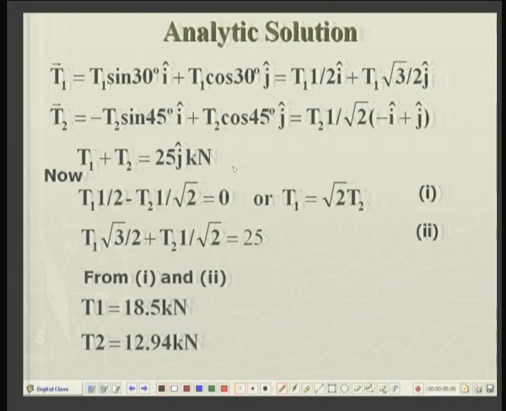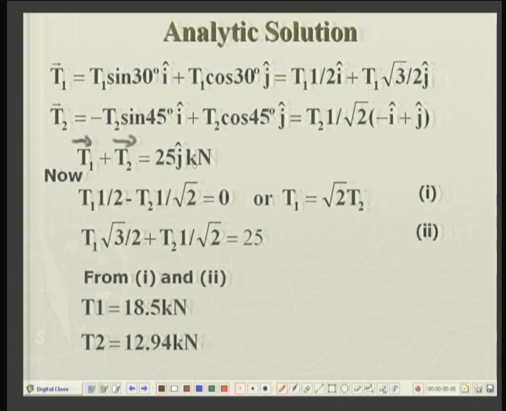So, minus T2 sine 45 degrees i minus T2 cosine 45 degrees. These are the two component representations of the tensions T1 and T2. The sum of these two vectors, T1 vector plus T2 vector, is 25 j kilonewtons.